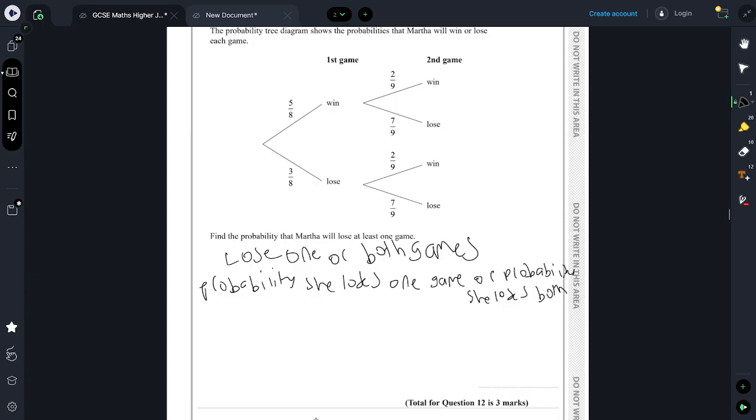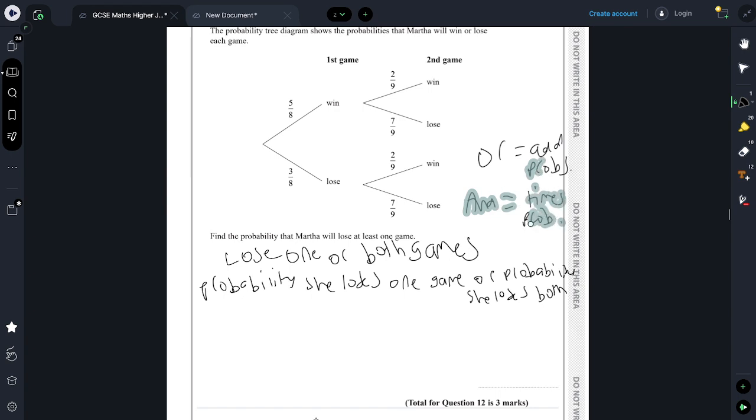Now, the or is key there because remember, for or you add probabilities, and for and you times probabilities. Because we have an or here, that means we want to add them.